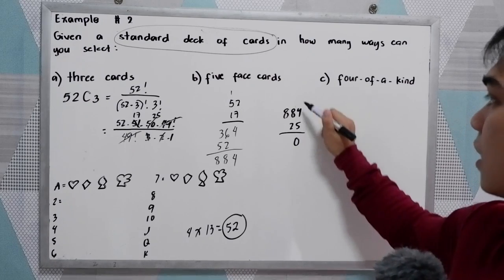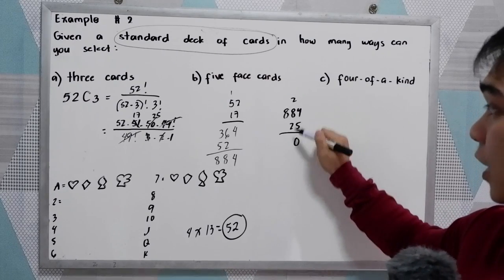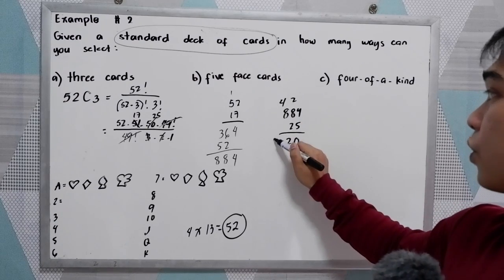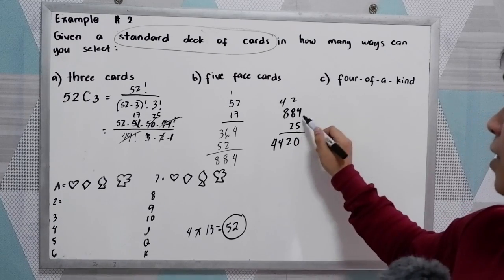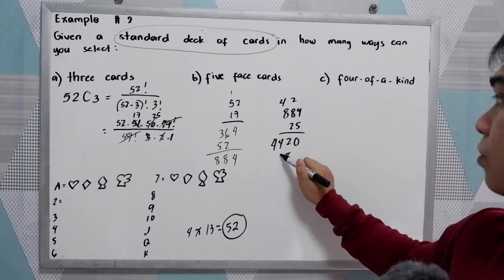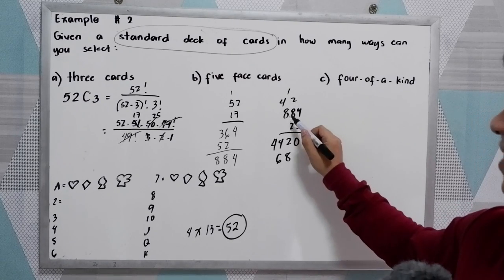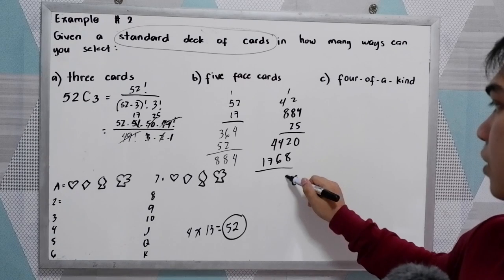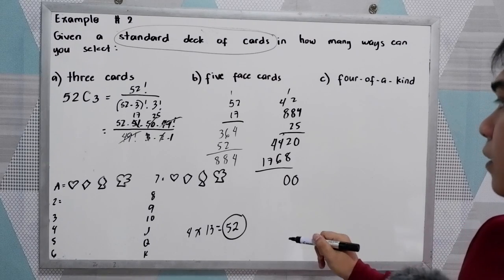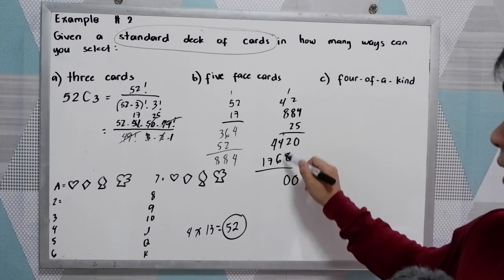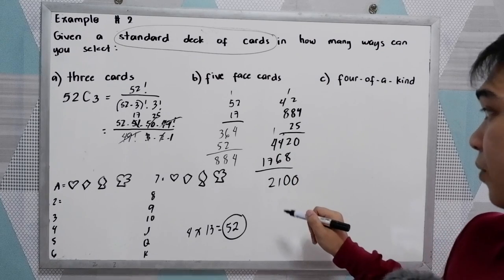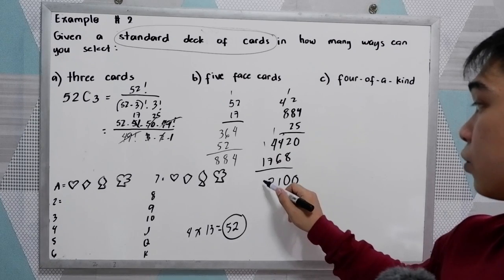So 20, carry 2, 40 plus 2, 42. 40 plus 4, that is 44. Now 8 times 2, that is 16, carry 1, 16 plus 1, 17. So 0, 0, carry 1, that is 11, carry 1. So 12, carry 1, 2.